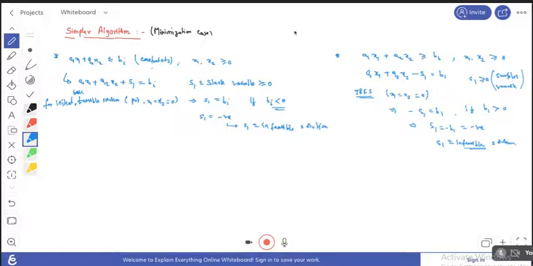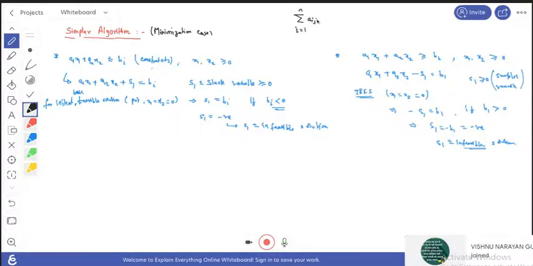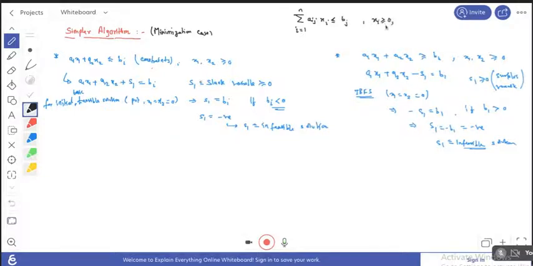So for any inequality, suppose the summation of aij xi, with i from 1 to n, where aij are the coefficients and there are n decision variables and m number of inequality constraints, with xi greater than or equal to 0 and j varying from 1 to m, there are two types of inequality constraints. If bj is positive for the less-than-or-equal-to type, then no problem.